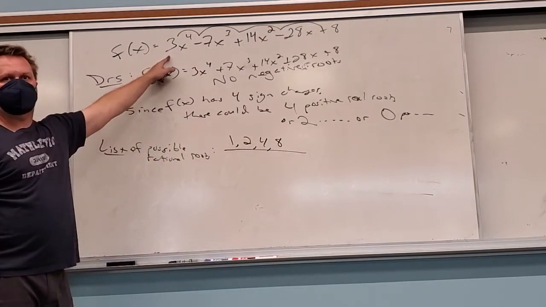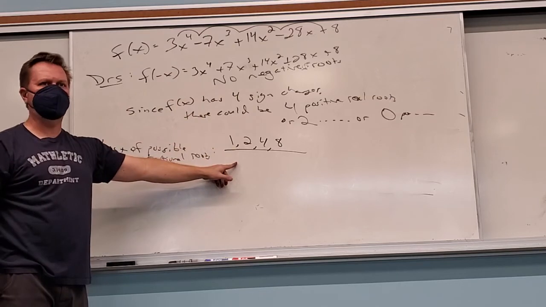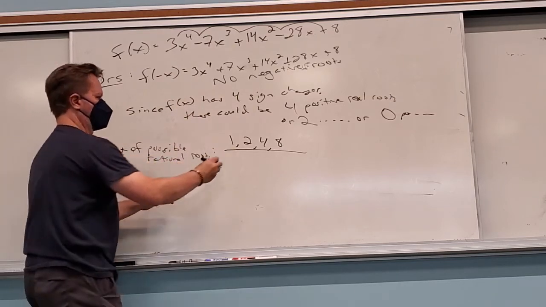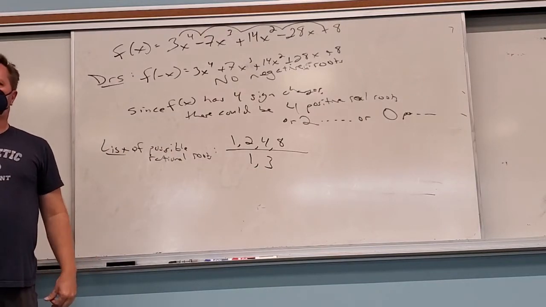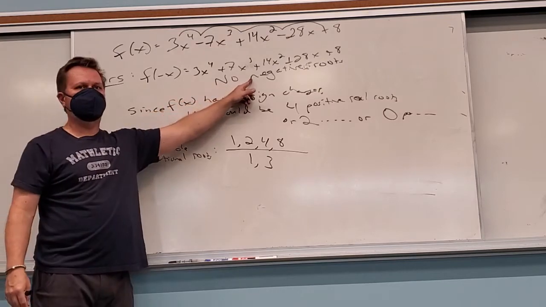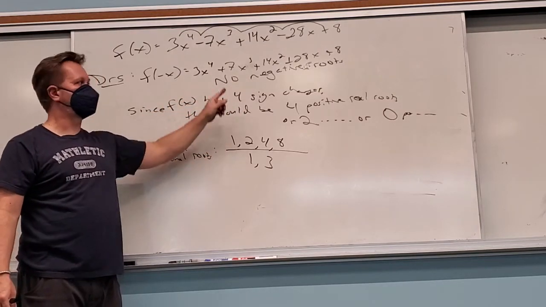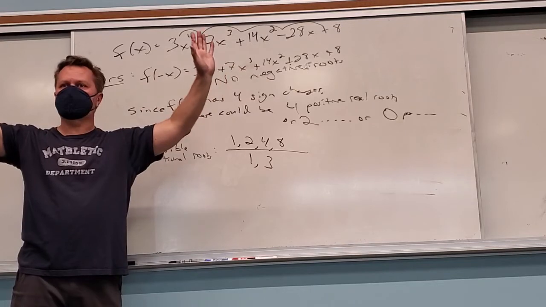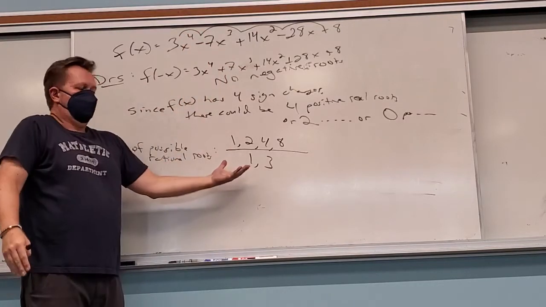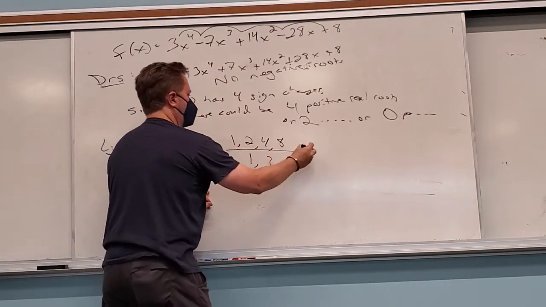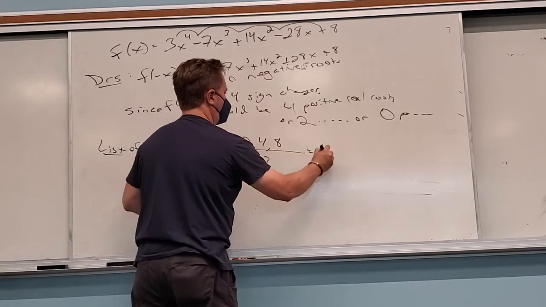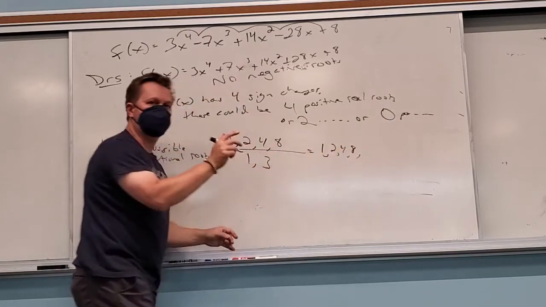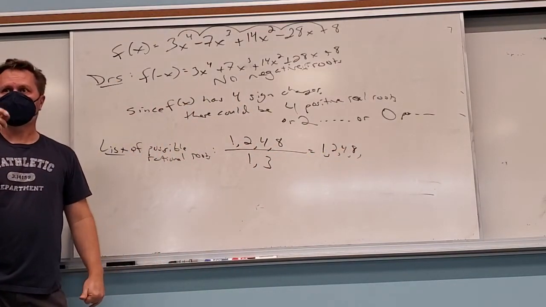The first number is a 3, so on the bottom goes the factors of 3. Is everybody cool? Why am I not putting plus or minus? Because specifically, I know there's no negative. In general, you have to put plus or minus, but in this case, I know there's no negative answers. So, pause it. If I divide these by 1, so make all the ratios you can, that's 1, 2, 4, 8. Any of those could work. What fractions could work?